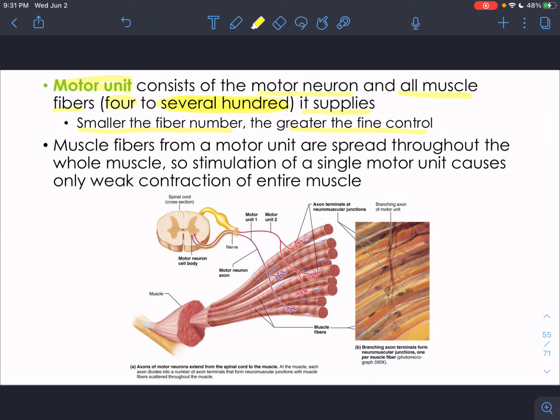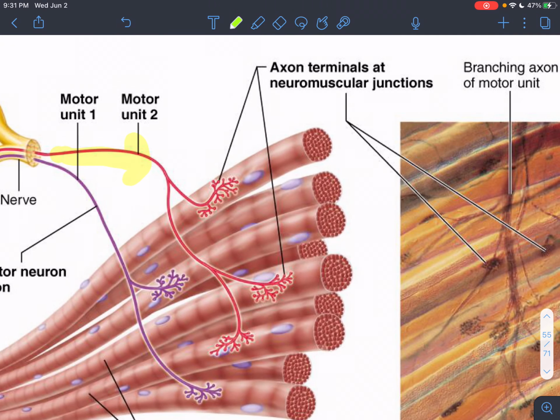Muscle fibers from a motor unit are spread throughout the whole muscle, so stimulation of a single motor unit causes only a weak contraction of the entire muscle. Okay, so anytime you have an action potential coming down the axon of a motor unit, obviously it's going to go to each and every one of these axon terminals.